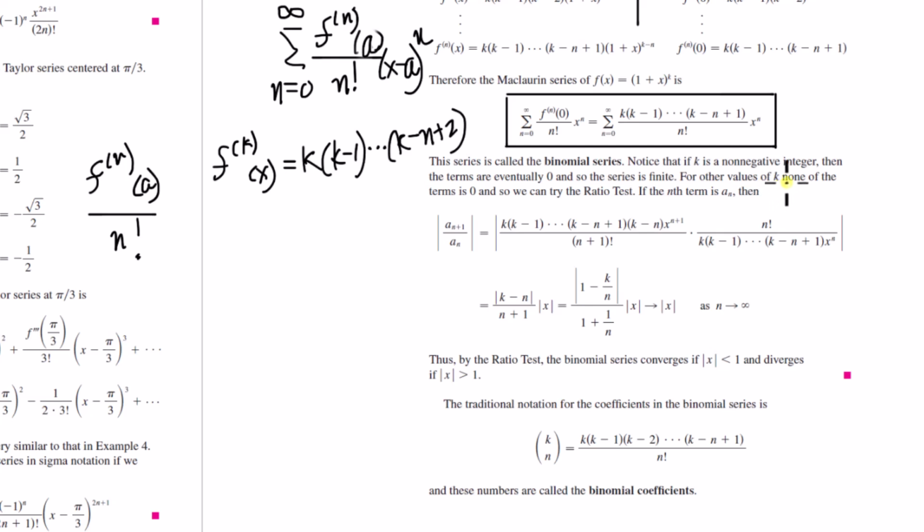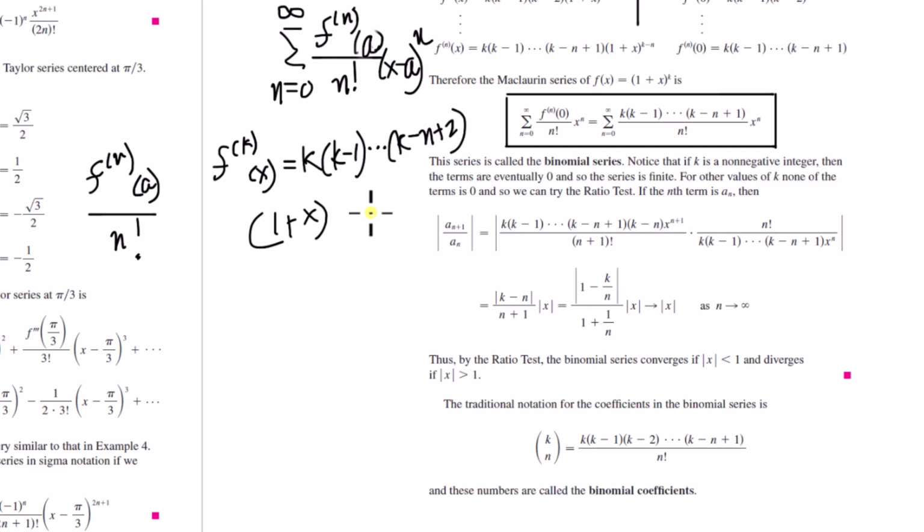Okay. Now for other values of k, if k is not a positive integer, or if it's a negative integer, then think about what happens in that circumstance. None of the terms is 0. Even if you had 1 plus x to some large positive number that wasn't an integer, like 150/37, it'll keep subtracting and come near 0, but then it won't equal 0.